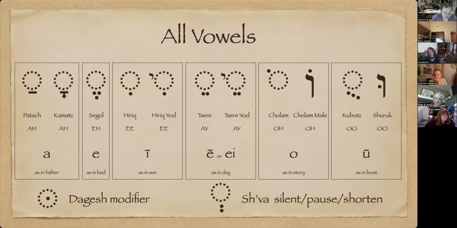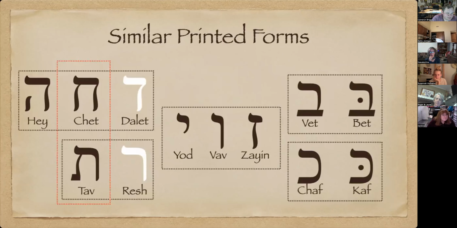All right, I'm going to skip some of our other practice things, but let's take a look at what looks similar. Here are some similar printed forms that we've mostly got so far. We haven't covered resh yet, but all of these three, He, Het, and Dalet, all start with a Dalet when we're writing them.